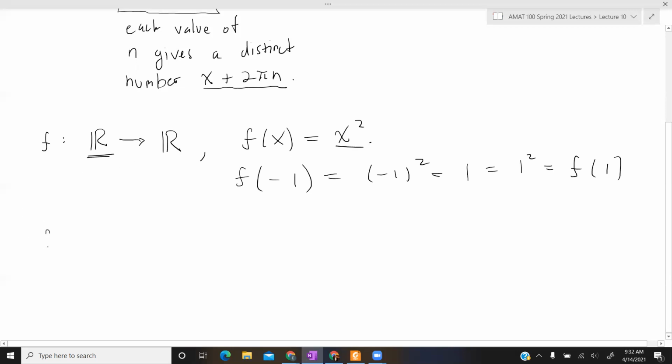But if you were to redefine the domain of f to be all non-negative numbers, from 0 to infinity, including 0, then it becomes injective. Actually, let me use a different symbol here.